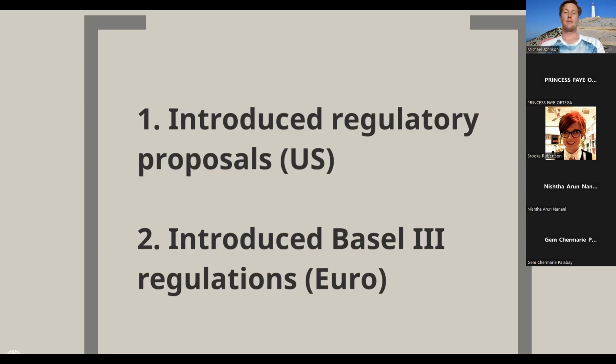So they regulated banks so the banks wouldn't do these high risk lending practices. They would have to make sure that people could pay the mortgages before lending to them.